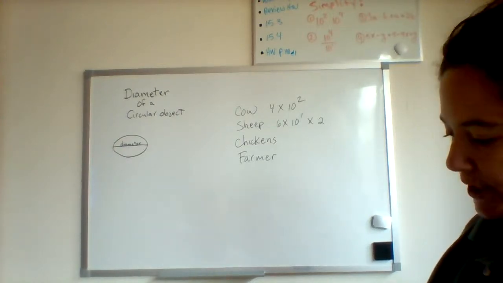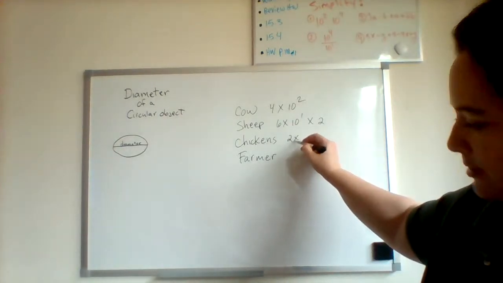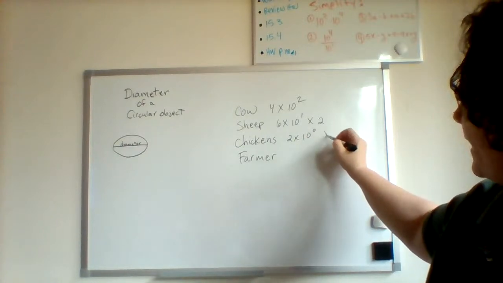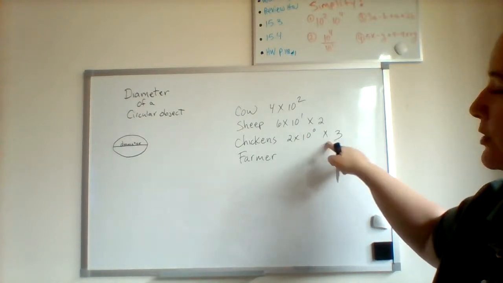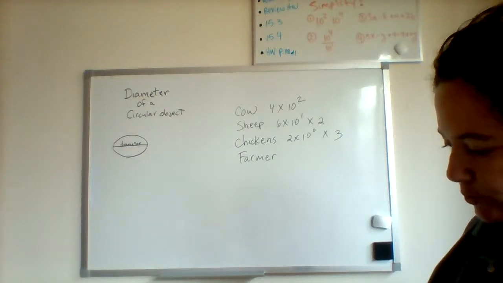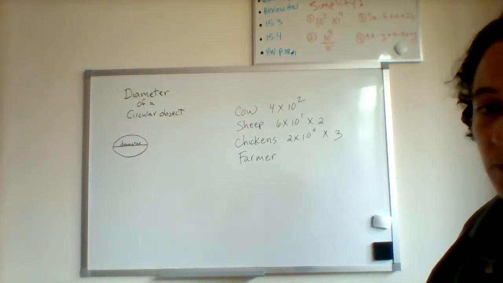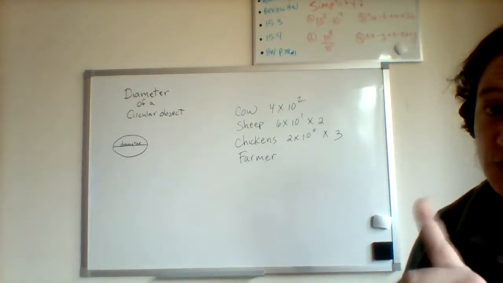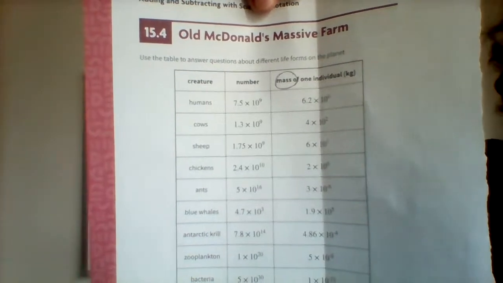It says that there's 3 chickens, and the chickens is 2 times 10 to the 0 power. Remember, there's 3 of them. That's why I'm doing the times 3. But there's only 1 farmer, and since they didn't say he's something different, we can count on the farmer being a human. He's at the top.